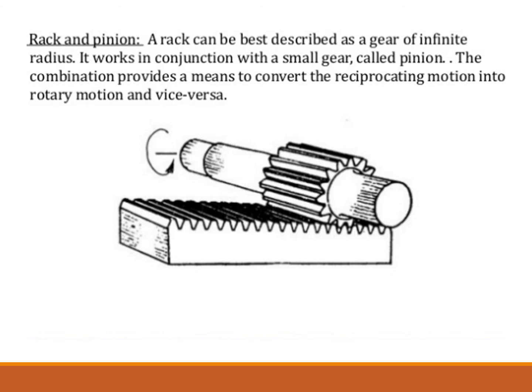Rack and pinion arrangement is used in feeding mechanisms and for reciprocating drives. Rack gears may have either straight or helical teeth. Rack gears are cut with equipment much the same as that used for cutting spur or helical gears.